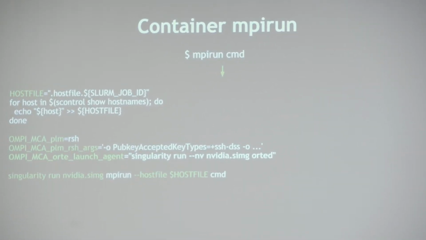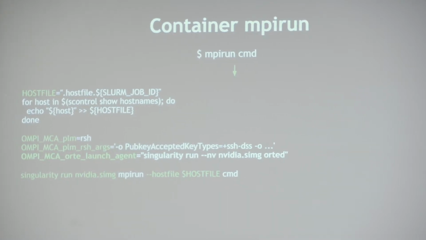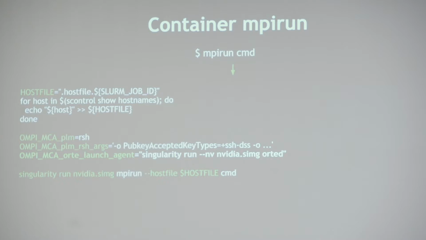Okay, the top block that begins with hostfile, that's our resource manager integration. That's as far as it gets. The resource manager will provide us a list of nodes, and we need to put that into a hostfile that OpenMPI can consume, so it knows where our job will be running.